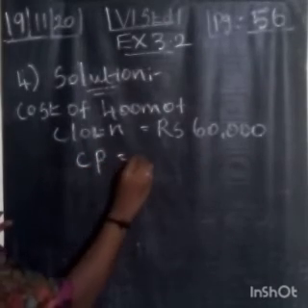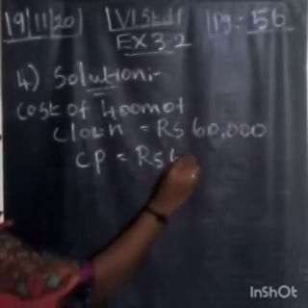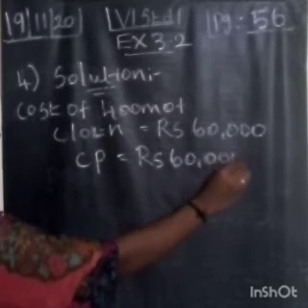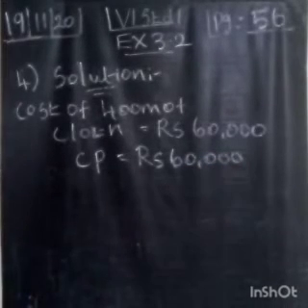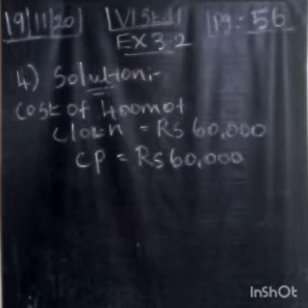Therefore, CP equals rupees 60,000. And he sold it at the rate of rupees 400 per meter.